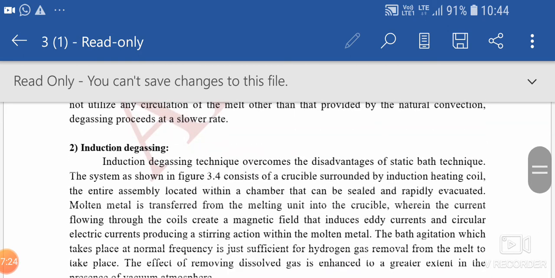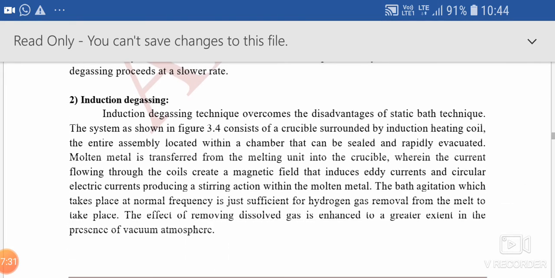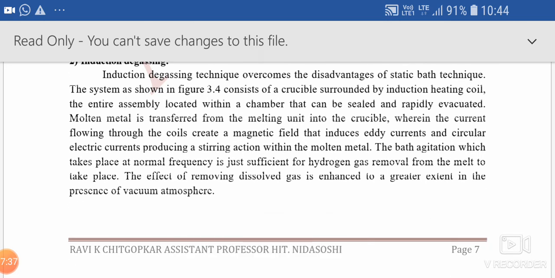In induction degassing, the chamber can be sealed and rapidly evacuated. Molten metal is transferred from the melting furnace into the crucible, wherein the current flowing through the coils creates a magnetic field that induces eddy currents and circular electric currents, producing a stirring action within the molten metal.